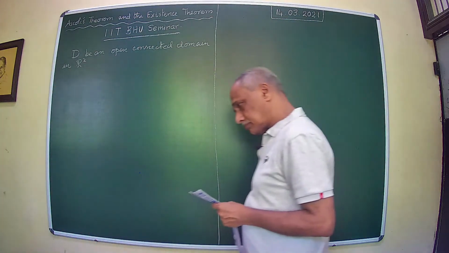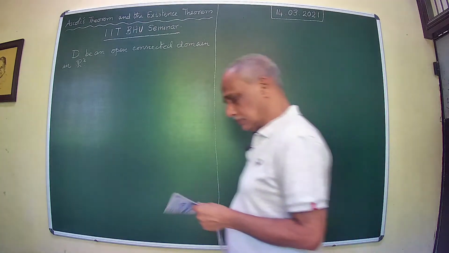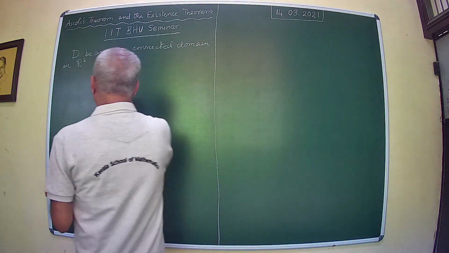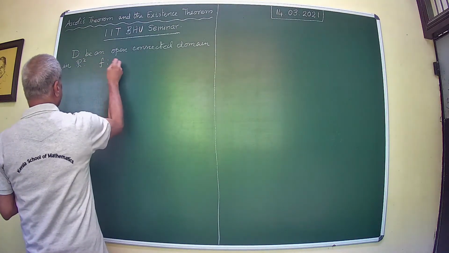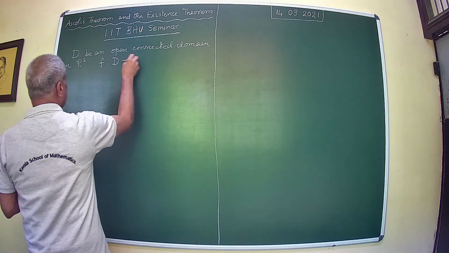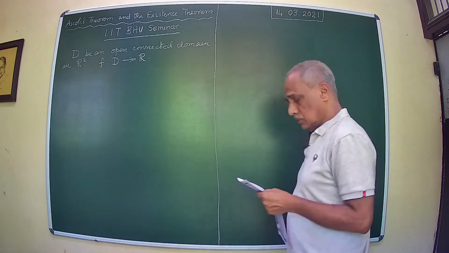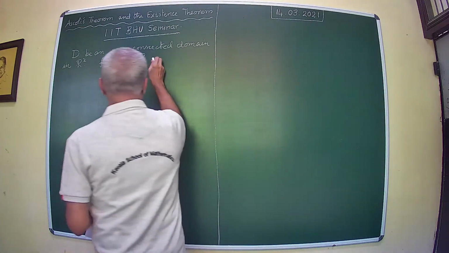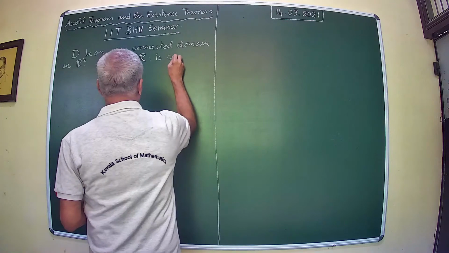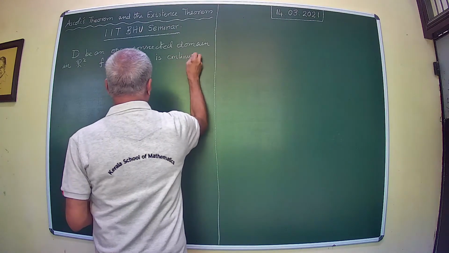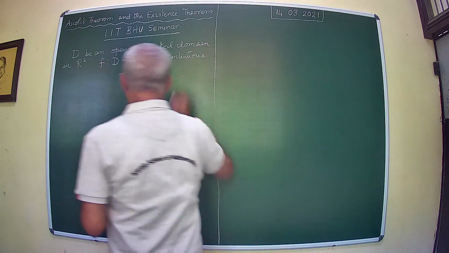Now, I am assuming that f is a real valued function on D, which we assume is continuous in both the variables.